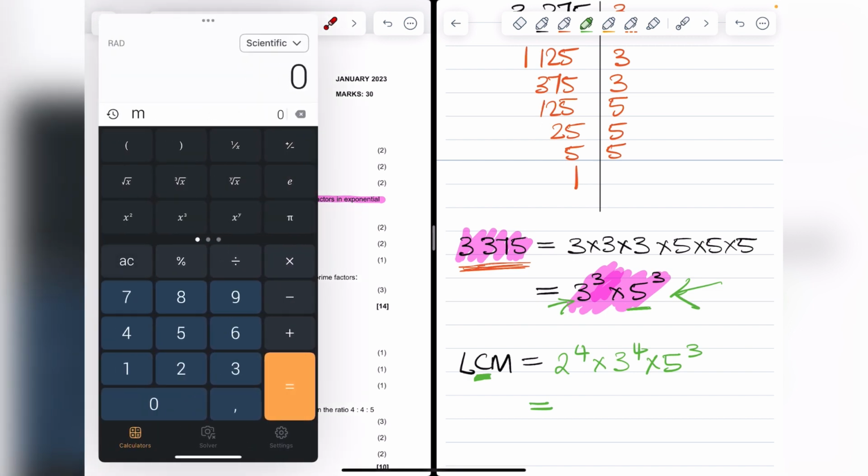So I've got 2 to the power 4, which is 16, times 3 to the power 4, which is 81, and 5 to the power 3, which is 125. So multiplying all that together, I've got 16 multiplied by 81 multiplied by 125, and I've got 162,000, and that is my LCM.